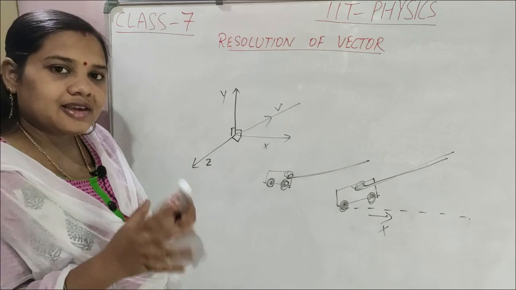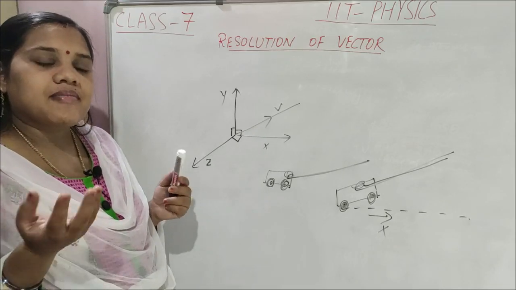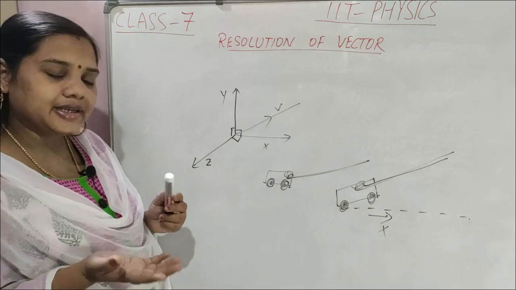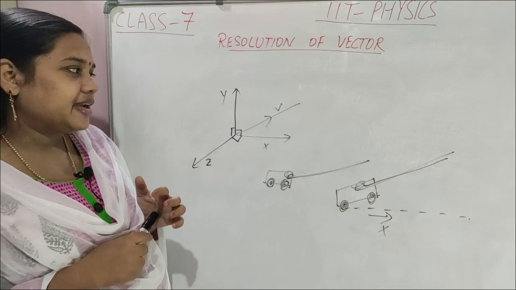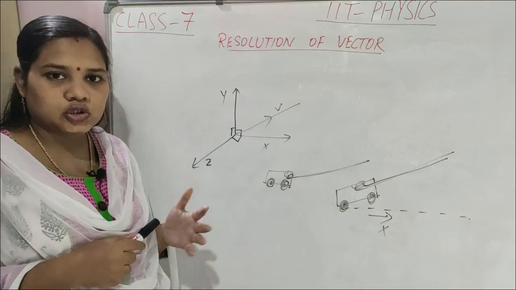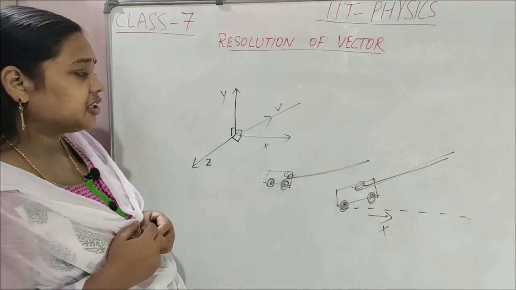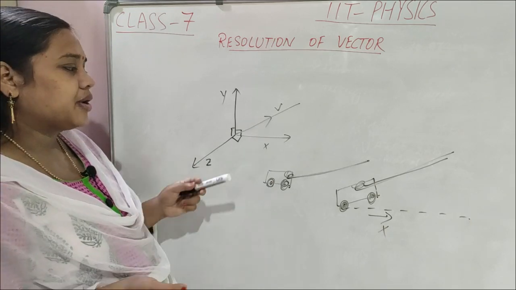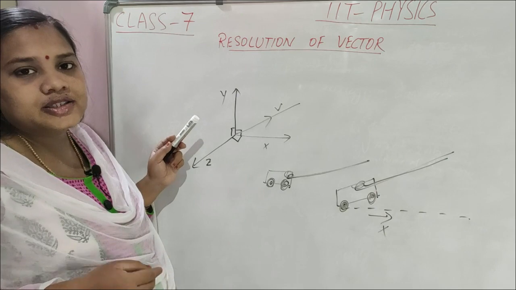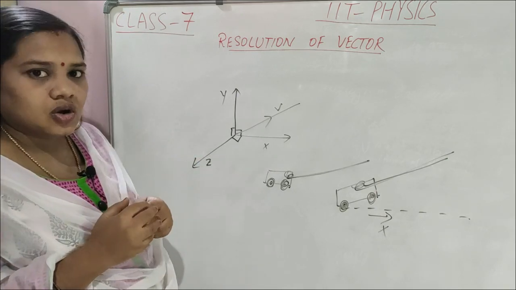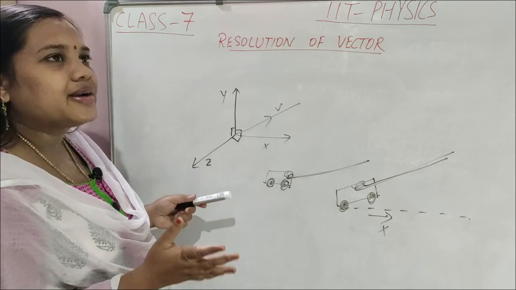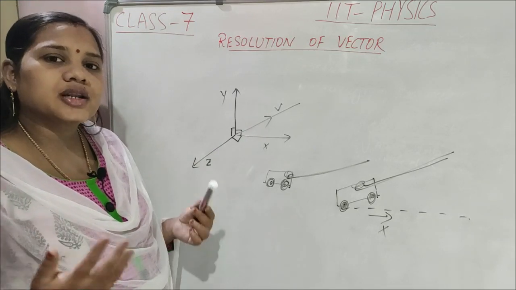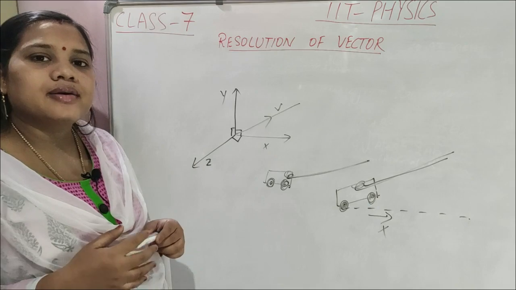Any vector has magnitude and direction, right? So when any vector quantity moves, whether it is force, velocity or acceleration, it moves in both the x and y components, and sometimes in the z component also. That is breaking a vector into two or more parts or components.